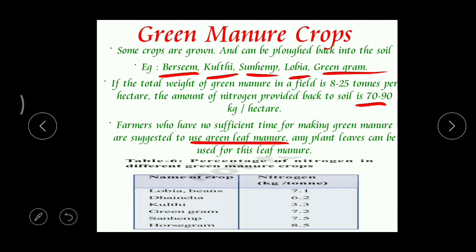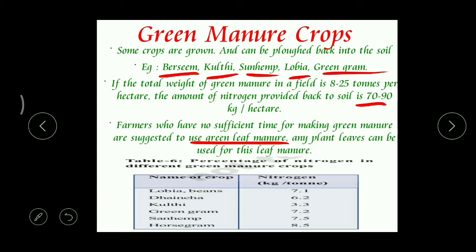So here we can find the name of the crop and next the amount of nitrogen supplied by those plants, right? So that's lobia, beans, and the next dhaincha, then kulthi, green gram, sun hemp, the next horse gram, right?